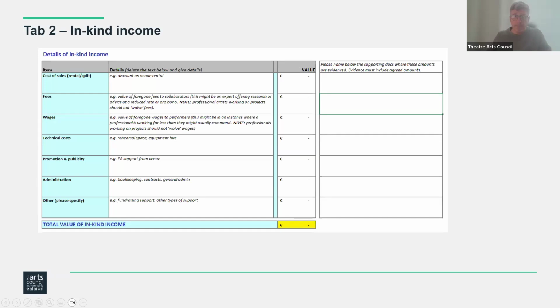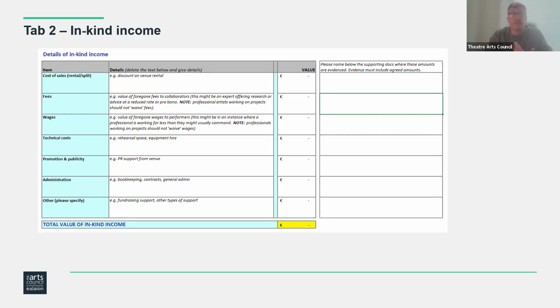So the reason for putting a value on that is that one, it helps us to understand that you've had conversations with potential partners, and that you've thought about the feasibility of that. And two, that it's clear that you've gone to get the help that you need to make the proposal more feasible.